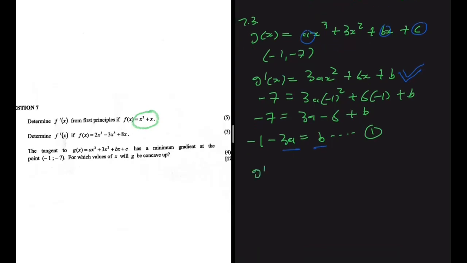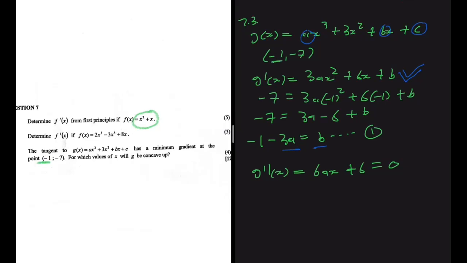So we can say that g double prime of x basically is equal to, if we differentiate, 6ax plus 6 being equal to 0. That's where the minimum gradient is. Minimum gradient is where this equals 0. Again, we know the x value of that point, it is -1, so we can substitute that -1 in our equation.